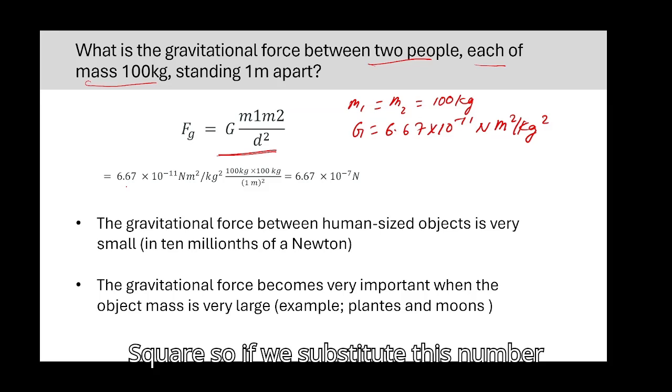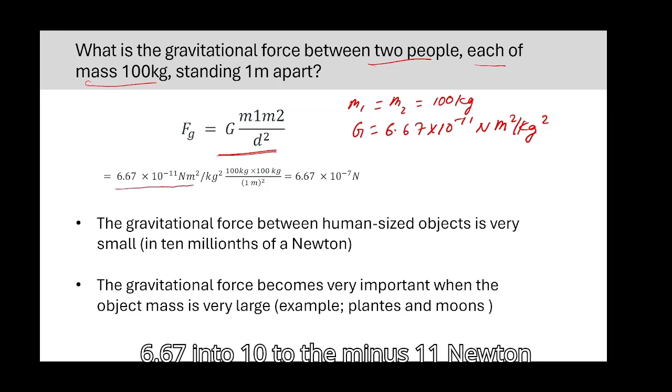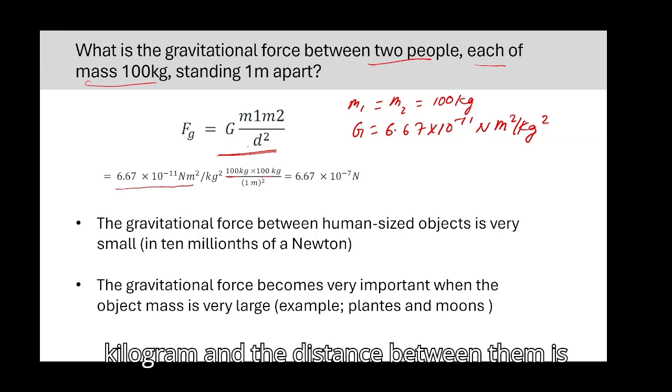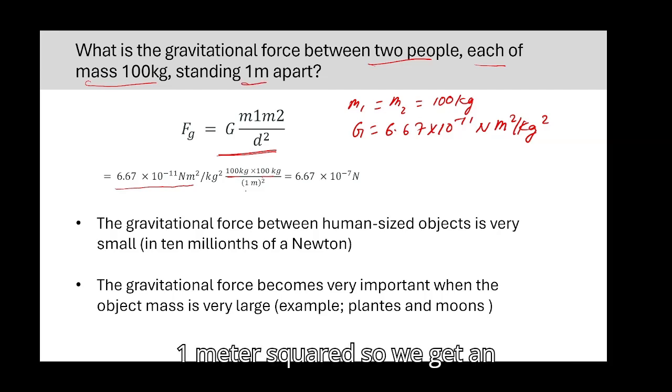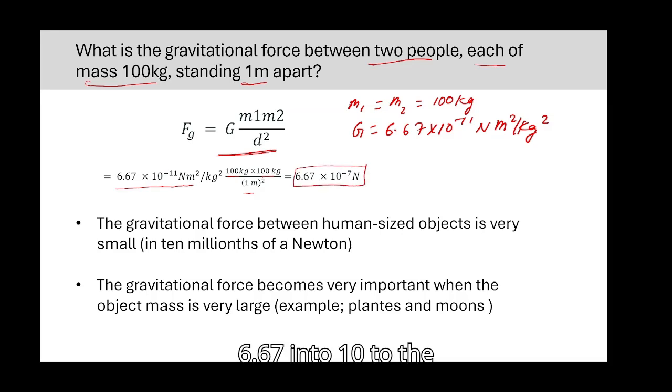Substituting these numbers, 6.67 times 10 to the minus 11 newton meter squared per kg squared times m1 of 100 kilograms, m2 of 100 kilograms, over the distance of 1 meter squared, we get an answer of 6.67 times 10 to the minus 7 newtons.